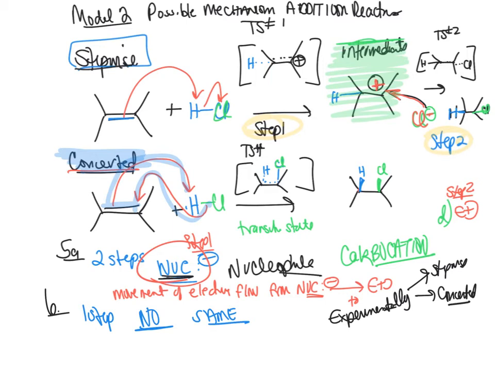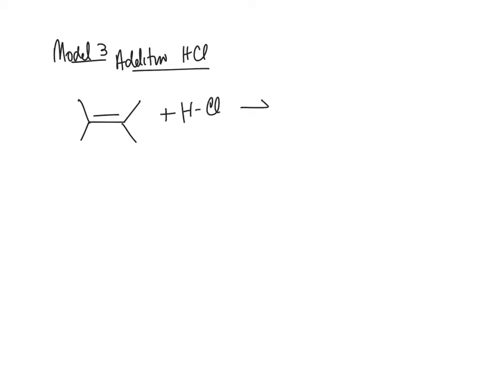Okay, model 3. This is our first reaction here, addition of HCl. And I did talk about HBr, HCl, or any kind of halogenation in the previous lecture. Okay, so let's see what POGIL has to say. We are adding HCl. This is equation 1.